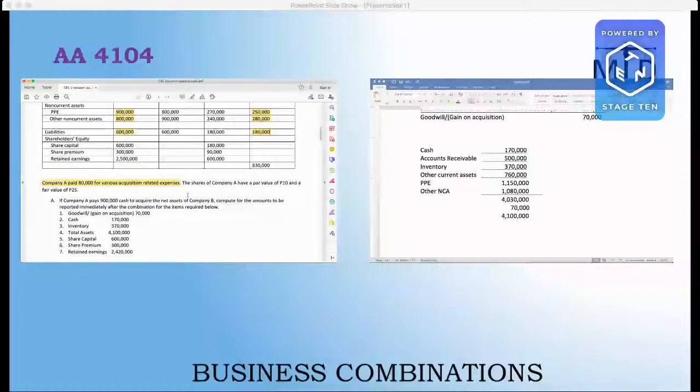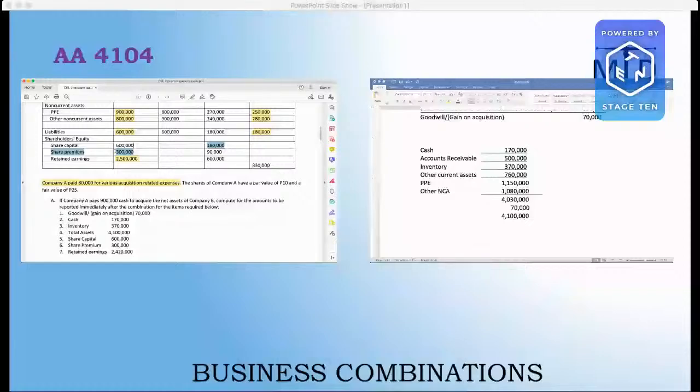Now, final note, class, for this problem. For shareholders' equity, class, you do not add the shareholders' equity of the acquirer and the acquiree. Immediately after the combination, the only relevant shareholders' equity is the shareholders' equity of the acquirer, class.